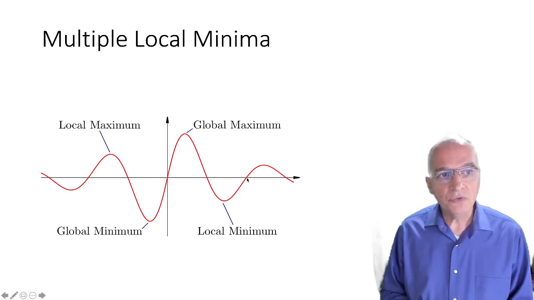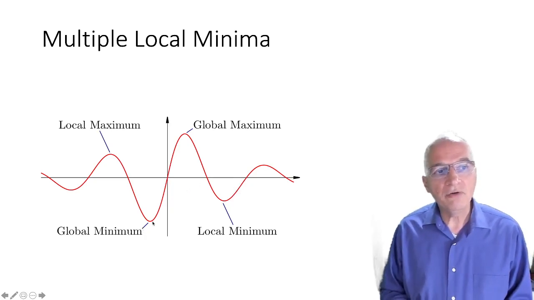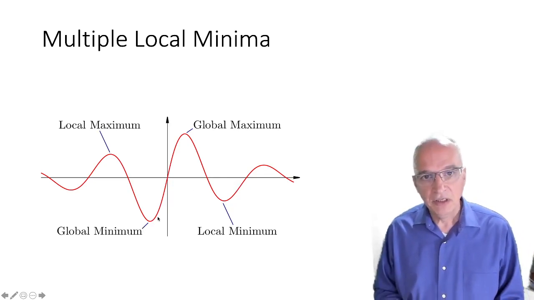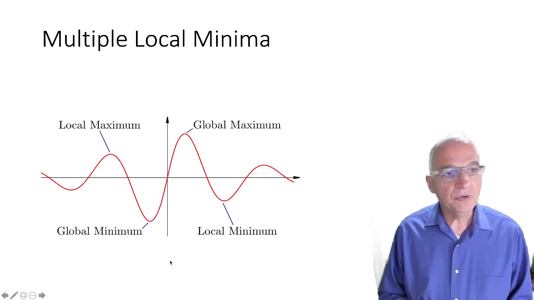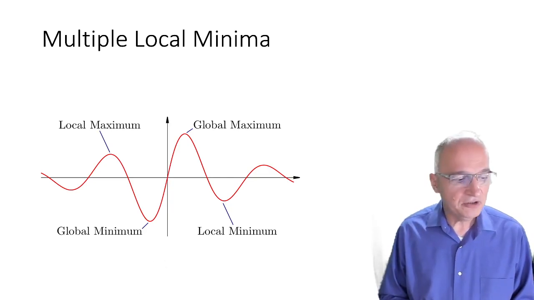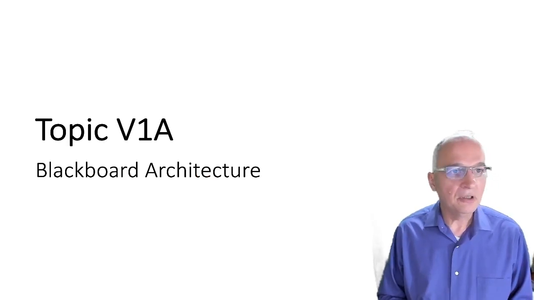The Newton method is not likely to be able to move over to this global minimum here, given the way it works. So if you want to find the global minimum, we need to have something else besides the Newton method.